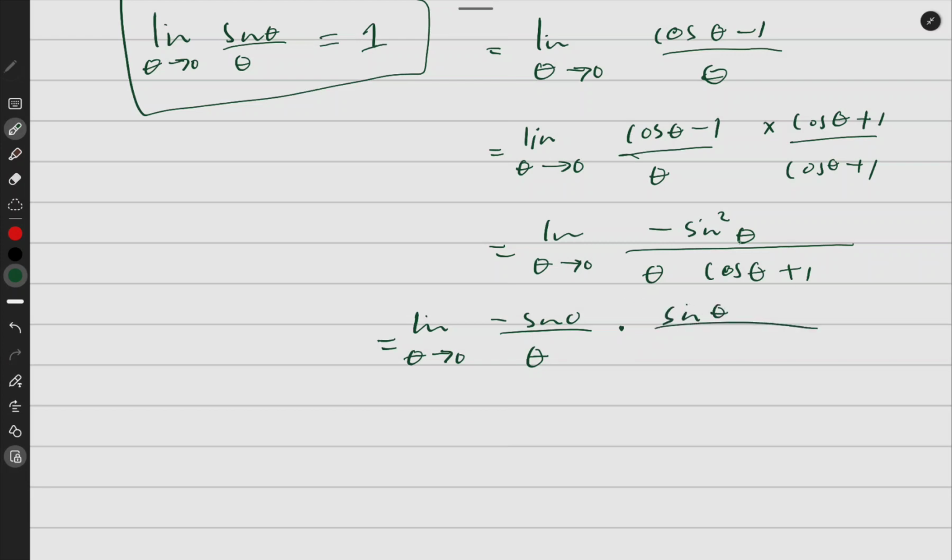Remember I had sine squared there. From here we recognize this, it's going to be negative 1.